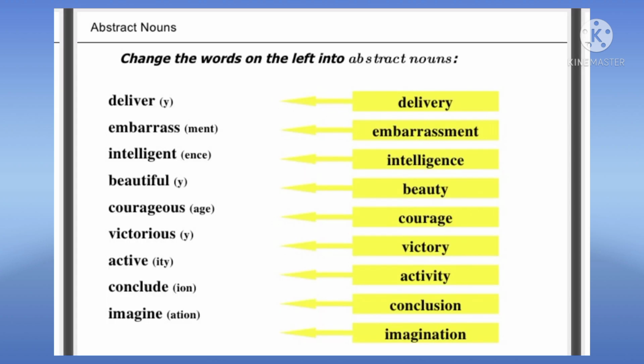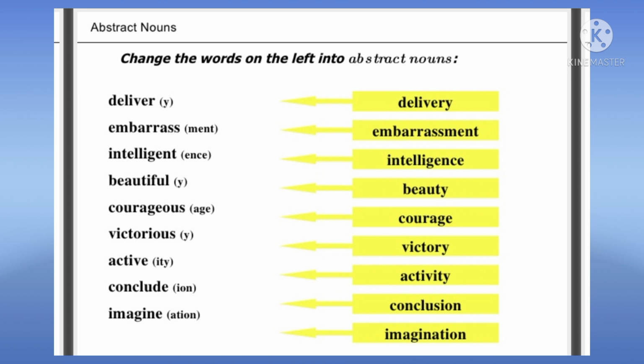Look at these words on the left side. Deliver, that's a verb. From that we can form an abstract noun by adding y, delivery. Embarrass, verb, adding ment, you can make it into a noun, embarrassment. Ment is a suffix which helps us to make nouns.